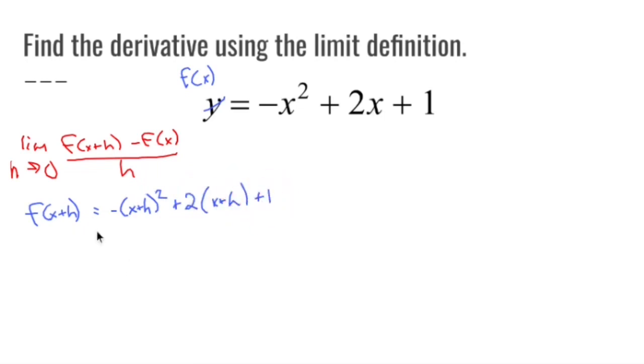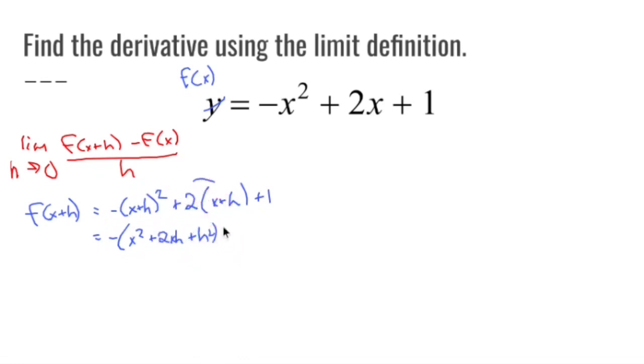So I'm going to write out that x plus h squared is a perfect square trinomial. I can FOIL this, but I'm going to be a little lazy and just say that becomes x squared plus 2xh plus h squared.